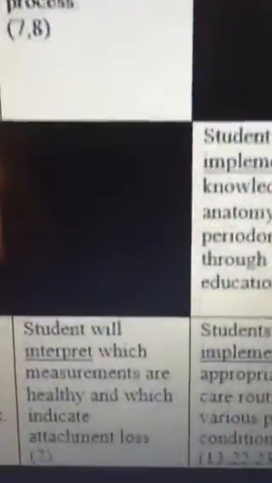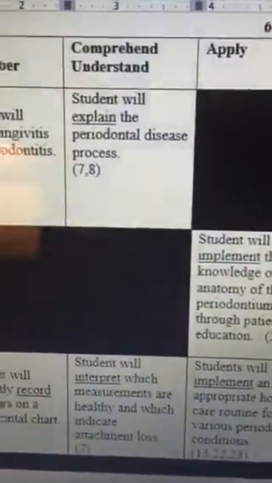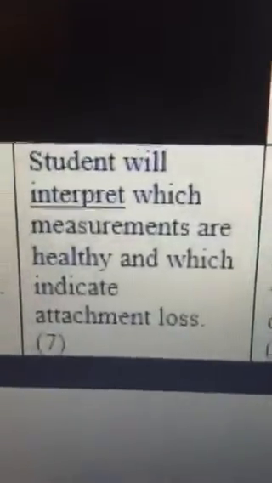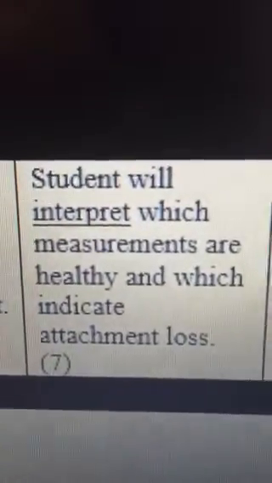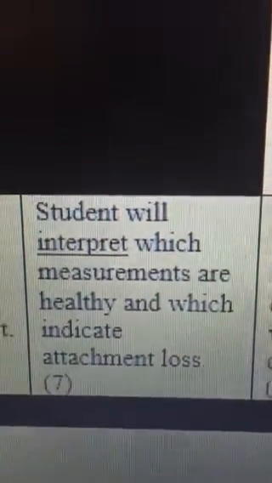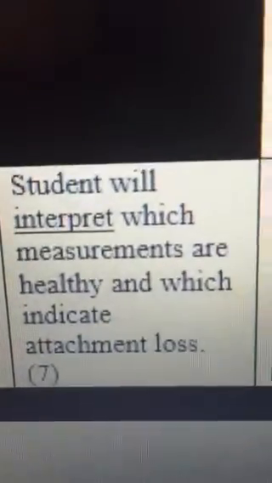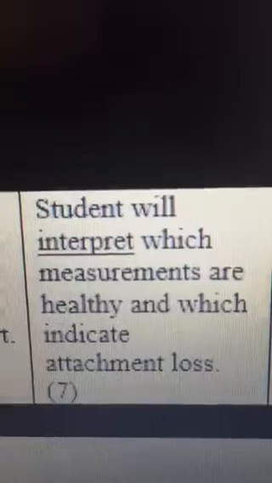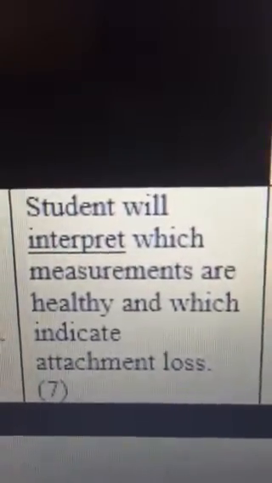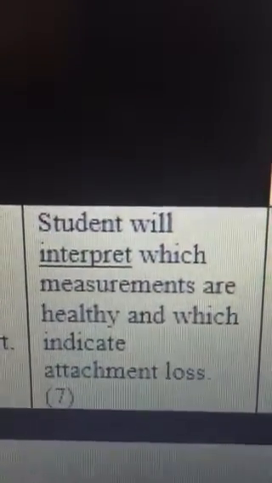And back to the objectives here, under the comprehend and understand level, the objective is that the student will interpret which measurements are healthy and which indicate attachment loss. So instead of just robot-recording the measurement 323, 323, they need to know what those measurements actually mean.